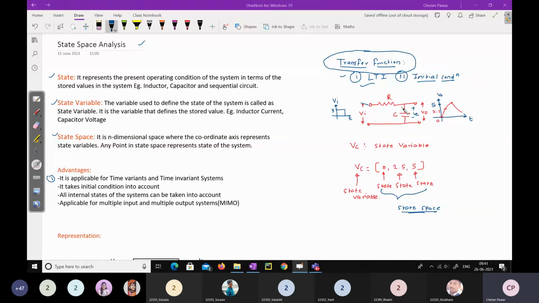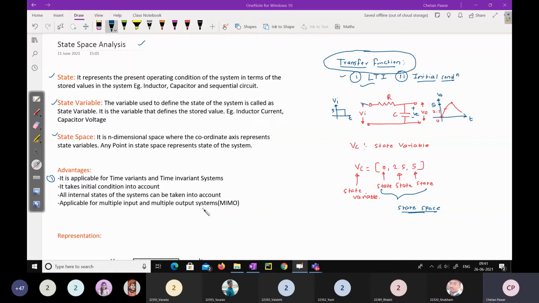Then the fourth one is that it is applicable for multiple input and multiple output systems. As we have seen, even in transfer function we considered single input single output systems. If there are two inputs, we calculated the transfer function separately, right?